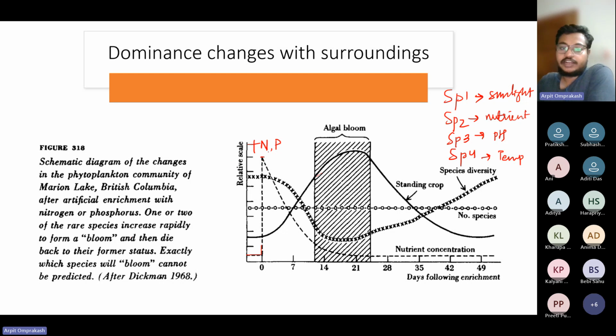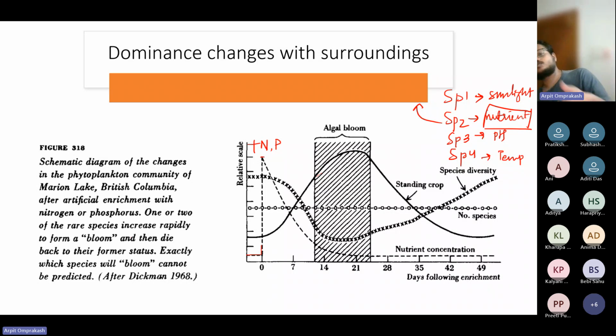Now, when we added nitrogen and phosphorus, what happened was we removed this limitation, the nutrient limitation. And so the number of individuals or species tends to increase quite a lot. But since we just added the nutrient once, as the number of individuals increased quite a lot, the dominance changed. Since we changed the surroundings by adding nutrients, the dominance also changed.